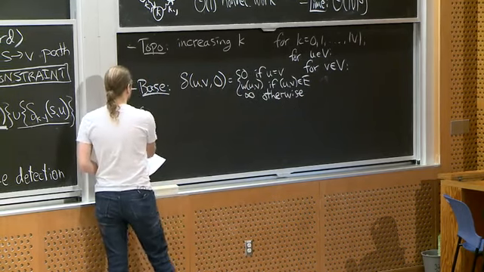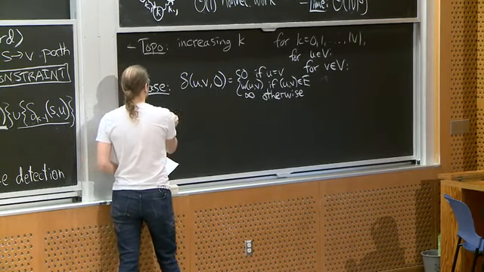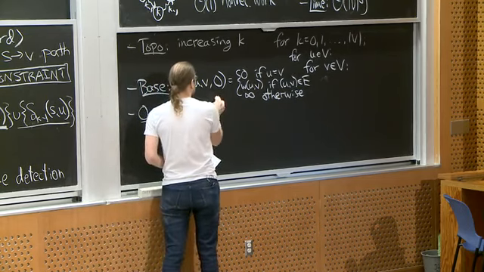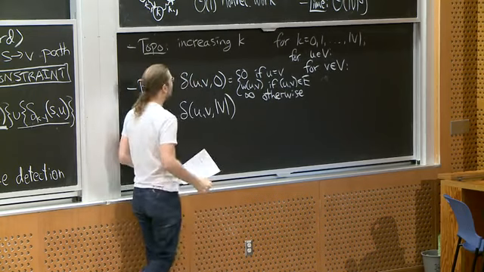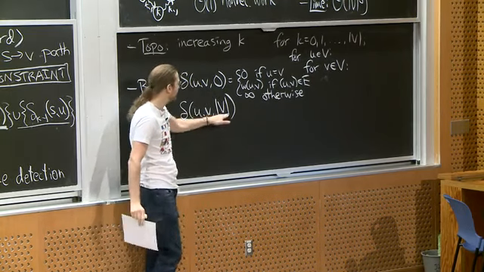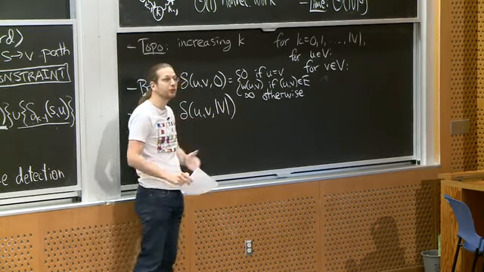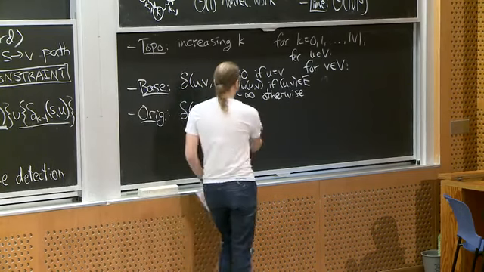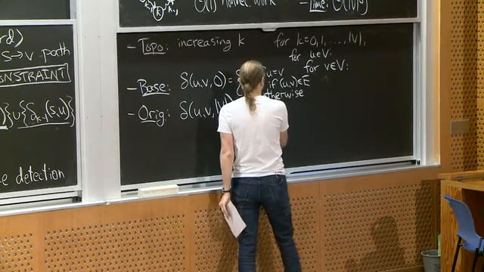And then the original problems we want to solve are delta(u, v) = D(u, v, |V|), because I number the vertices 1 through |V|. And if k equals |V|, that means I get to use all my vertices. So that is regular shortest paths. This is assuming no negative weight cycles.